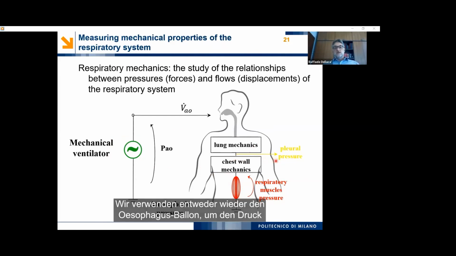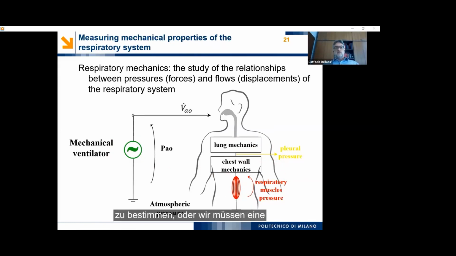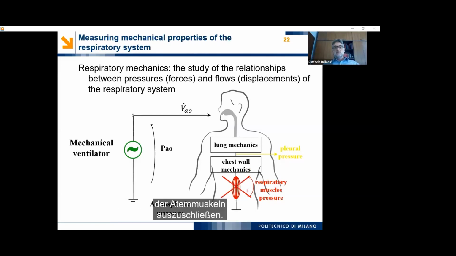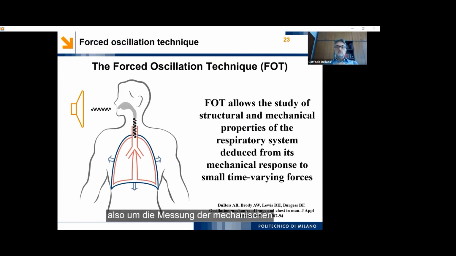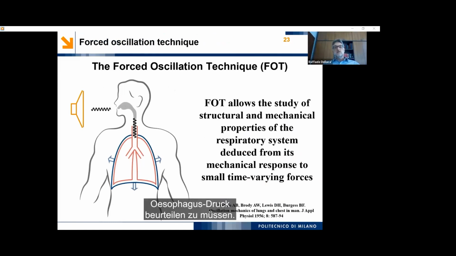Again, either we use the esophageal balloon to estimate pleural pressure, or we need to find a way to exclude the contribution given by the respiratory muscles. Forced oscillation is a technology that was introduced many years ago, back in 1956 by Arthur Dubois, with this specific aim: to allow the possibility to measure the mechanical properties of the lung, even if the patient was breathing spontaneously, without the need of assessing esophageal pressure.